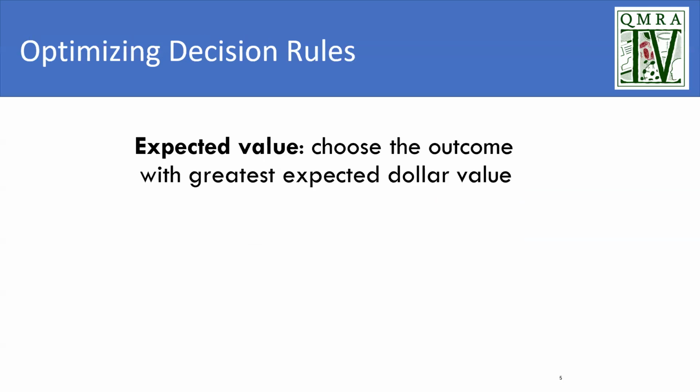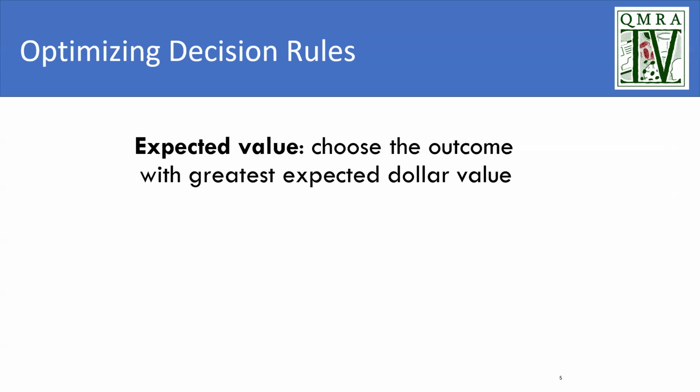When we're making a decision based on expected value, we want to choose the outcome with the greatest expected value. This means that we're going to want to put our benefits in positive terms and our cost in negative terms. There are ways to use decision trees on an all-cost basis.